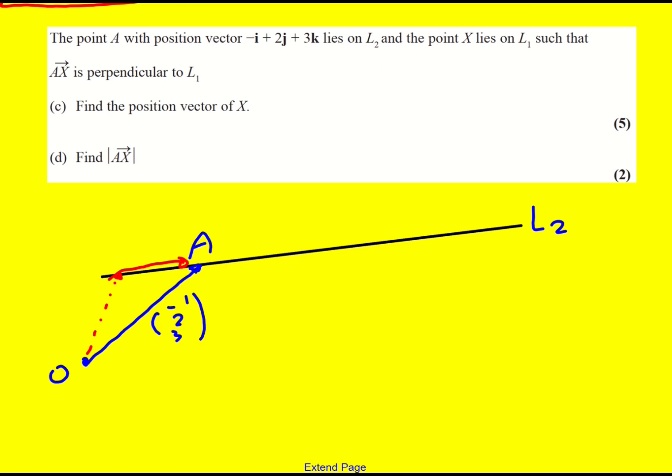And then the point X lies on L1. So I'll draw L1 over here. And X can be here.